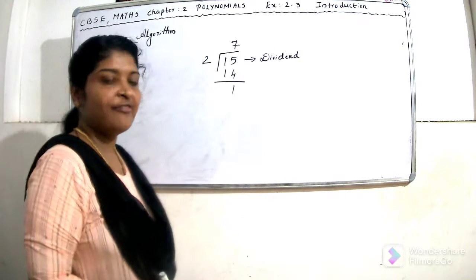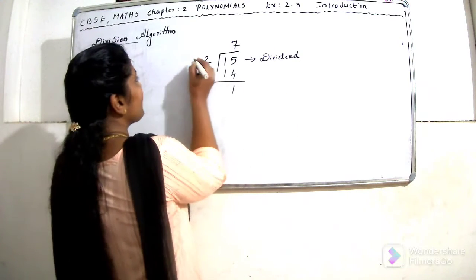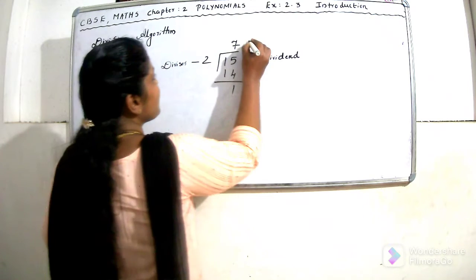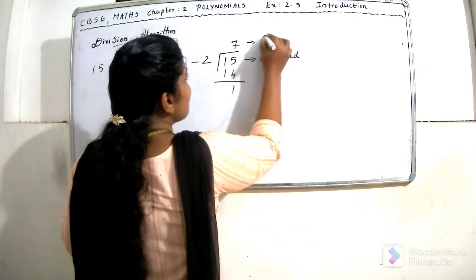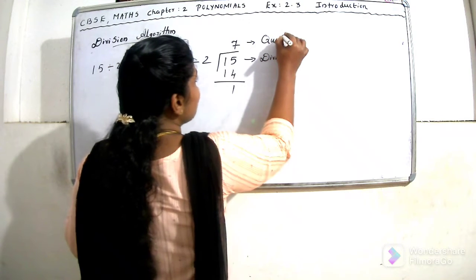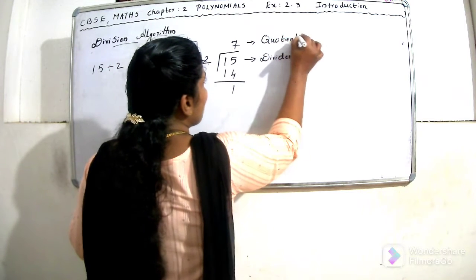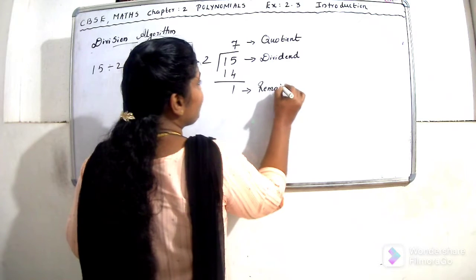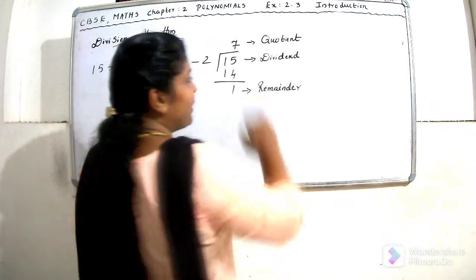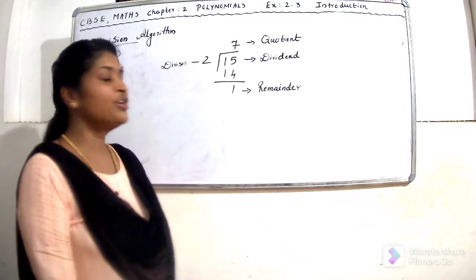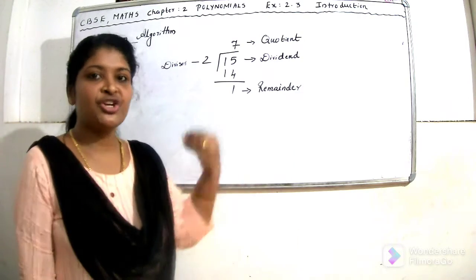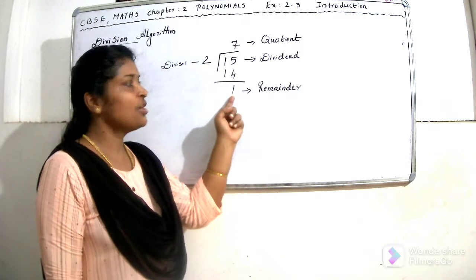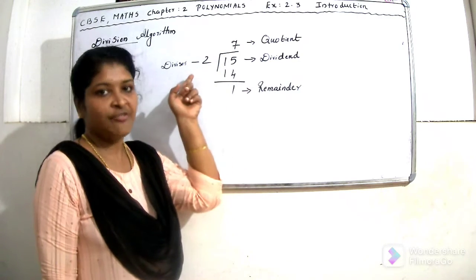This is the dividend, this is the divisor, this one is the quotient, and this one is the remainder. These are the four terms we normally use in division.